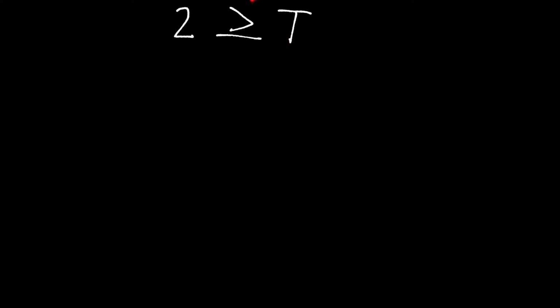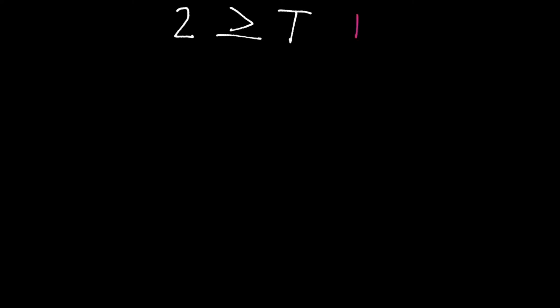Now, I wrote it this way on purpose because in the past two examples, we had our variable on the left side. But you could run into a case where your variable is on the right side. It really doesn't make a difference as long as you understand what the inequality is saying. If you prefer to have your variable on the left side, you can rewrite it.